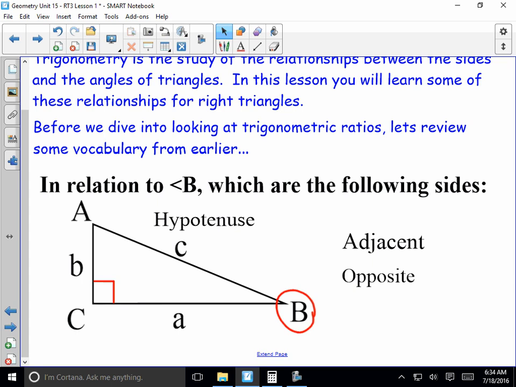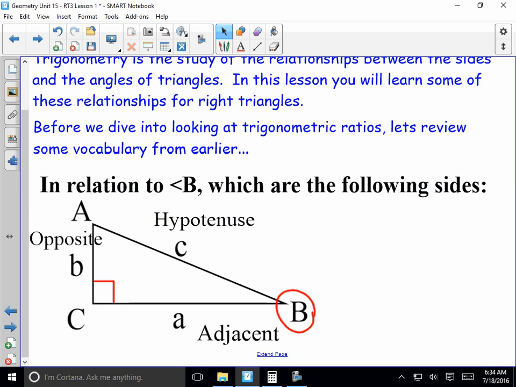When you're labeling your other sides, the one I always label first is the opposite, because if I'm standing at B, I look across to the opposite side. And then there's only one side left, and that would be the adjacent. Now, if I'm standing at A, notice how the opposite and adjacent would flip.